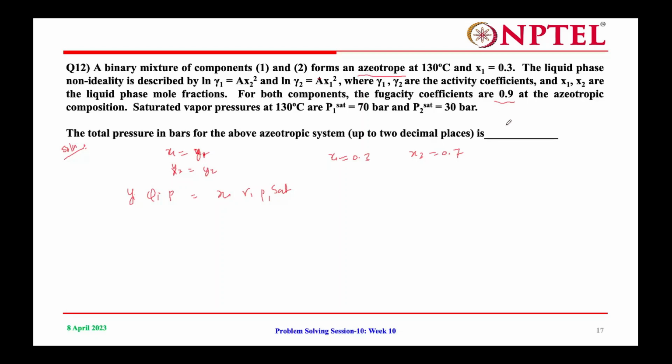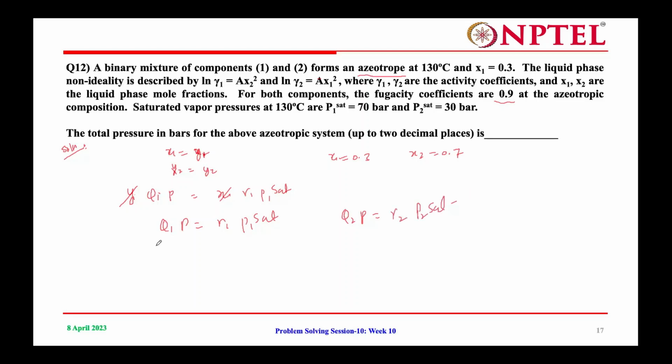So for both components, phi1 P equals gamma 1 p1 sat and phi2 P equals gamma 2 p2 sat.